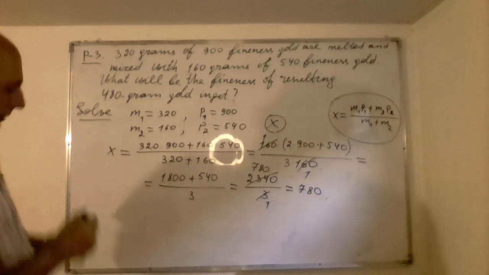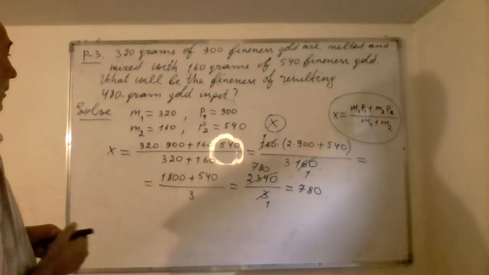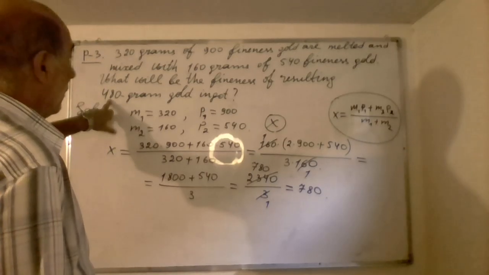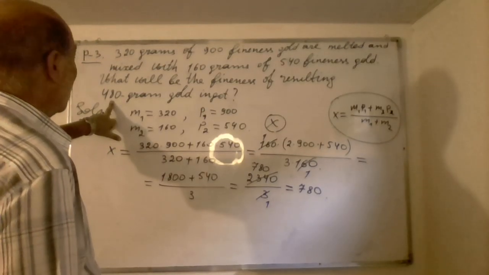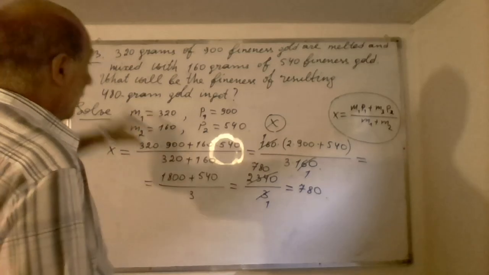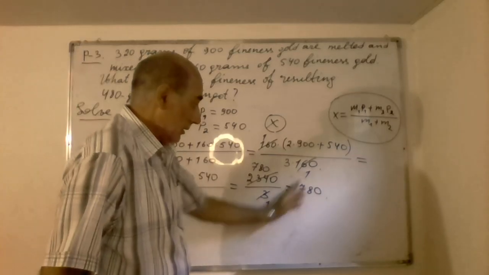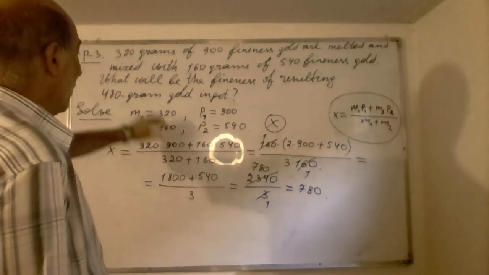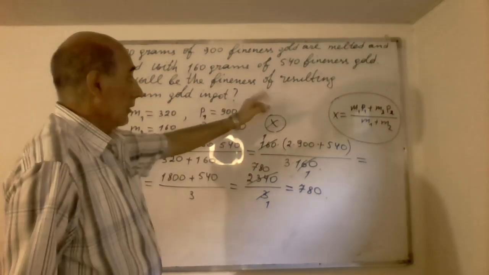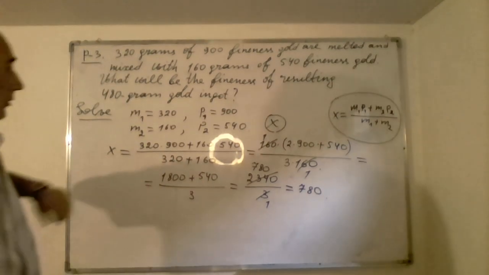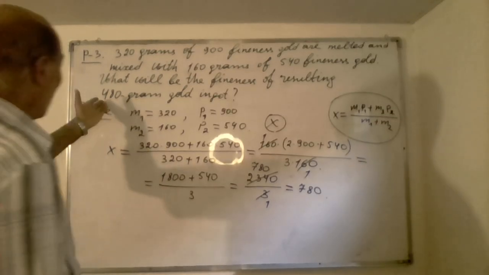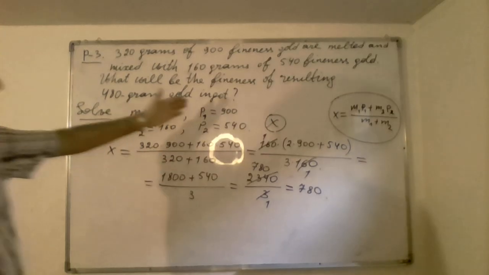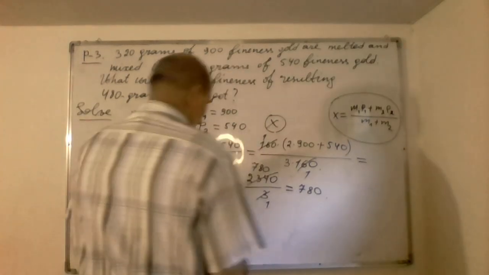Okay. And we have already found 780 fineness is of the resulting 480 gram gold. Okay.